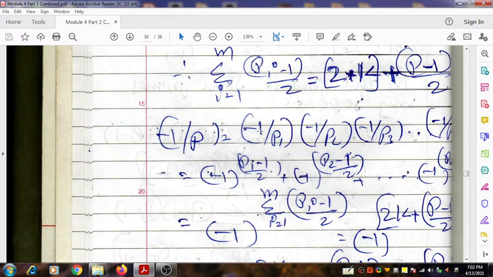So (minus 1 bar p) equals (minus 1 bar p1) into (minus 1 bar p2) into etc. to the last term (minus 1 bar pm).